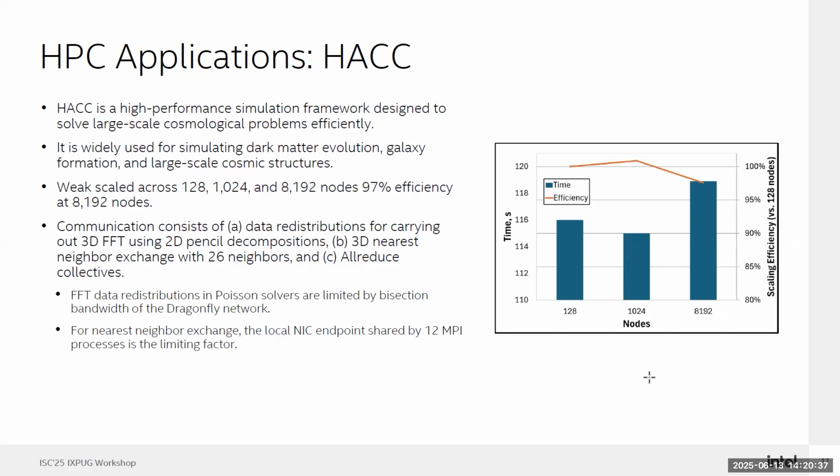The second one is near neighbor communication, and the third one is all-reduce collective. The all-reduce tends to be small, as you see across the parallel applications that I will show. There are barriers that just communicate or perform all-reduce on a single 8 byte, and so it's latency sensitive.